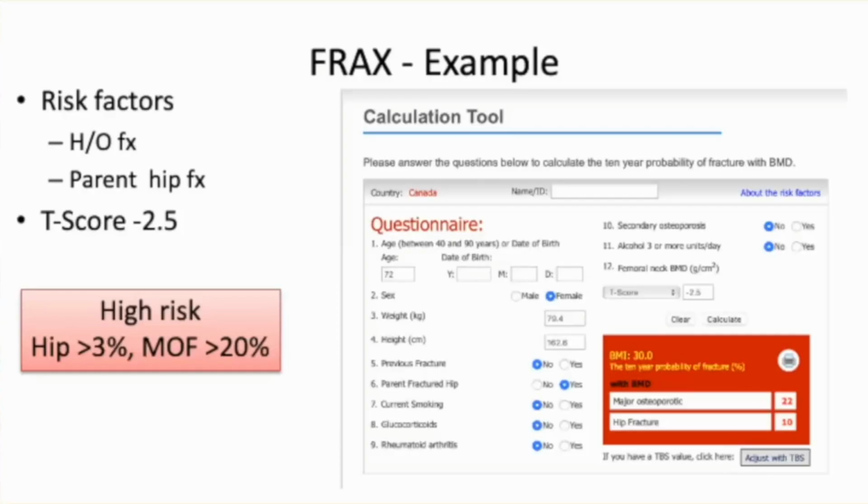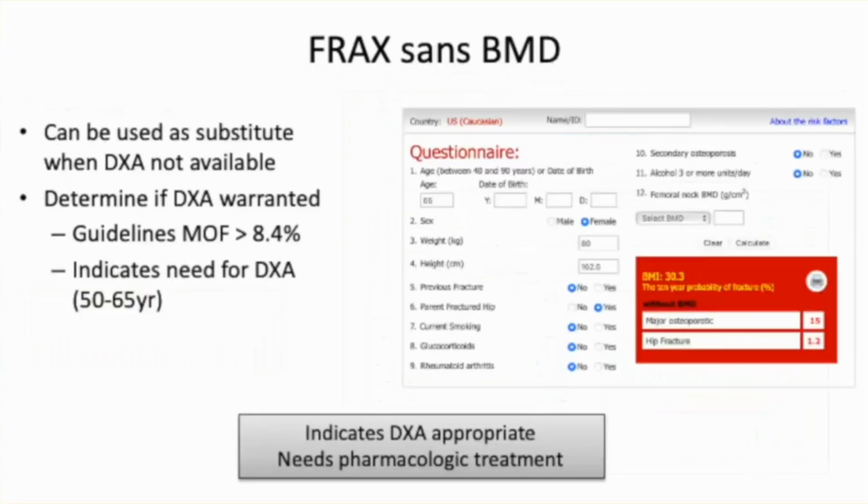And she had a T-score on her DEXA scan of minus 2.5 at the femoral neck. In the red box is her output. Major osteoporotic fracture risk at 22%, hip fracture quite high at 10%. So this patient would exceed thresholds and would be somebody who would be referred for pharmacological treatment.